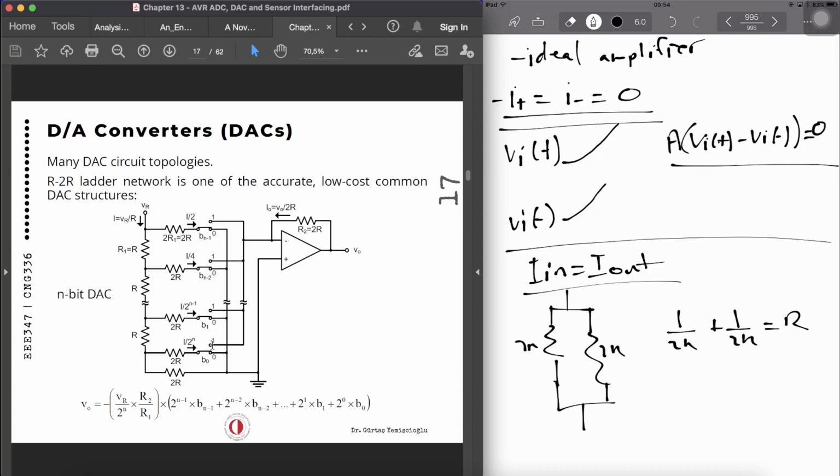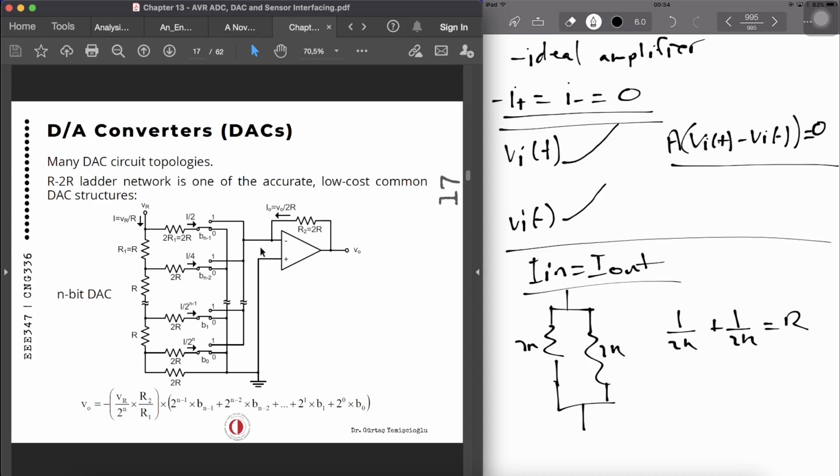Now, why is that? Because this end of the resistor was connected to the ground, right? So now it's connected to virtual ground. So nothing changed as far as the resistor is concerned. It moved from the actual ground to the virtual ground.